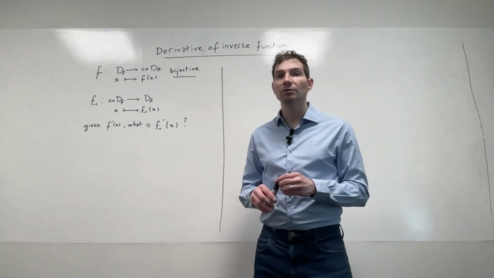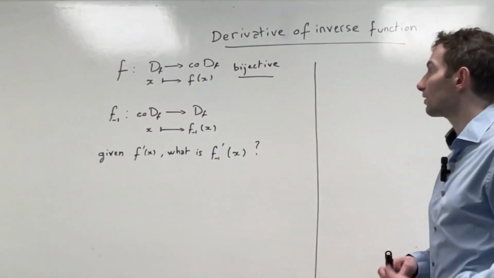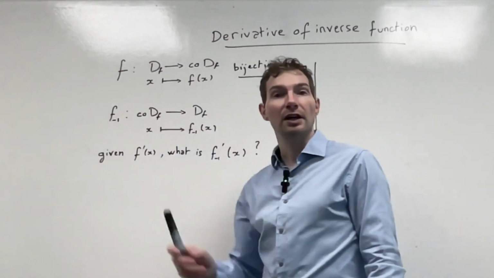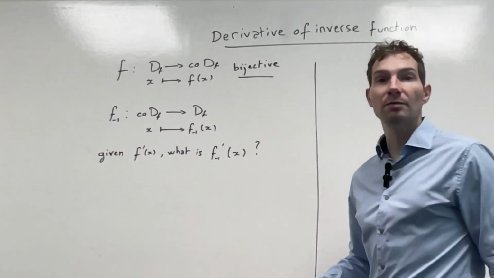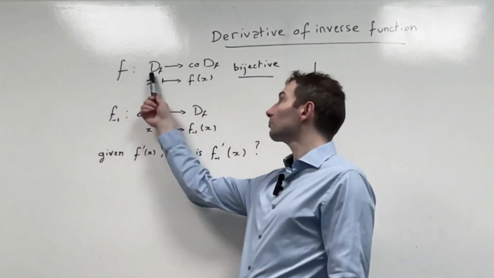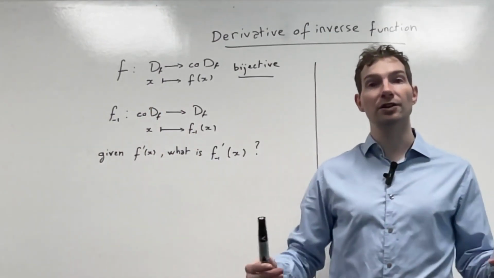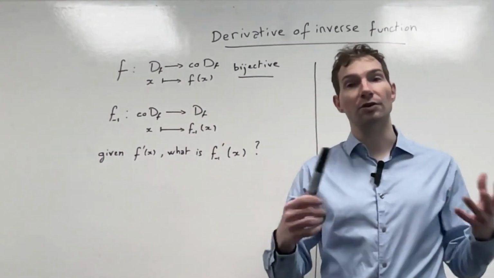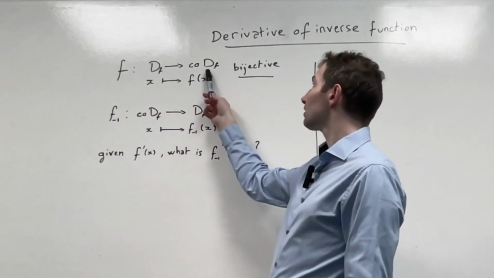All right, so the context here is as follows. Let's say you've got a function f, and this function maps a domain that I'm calling Df, the domain of definition of that function, onto a codomain or image space of f.